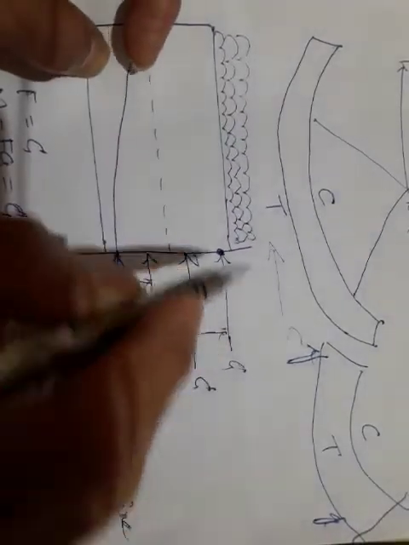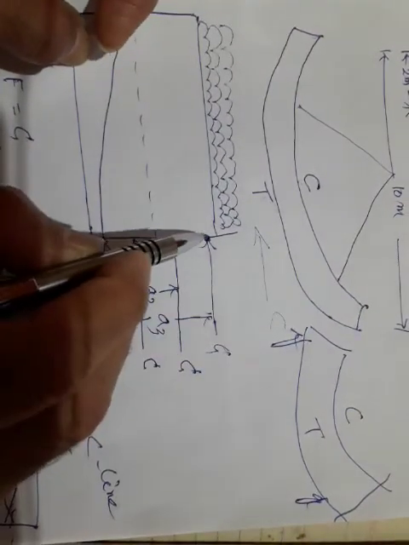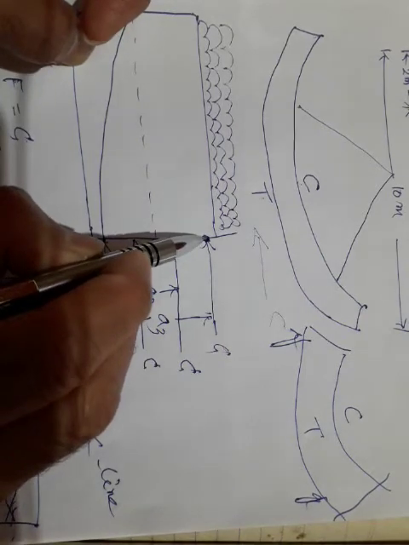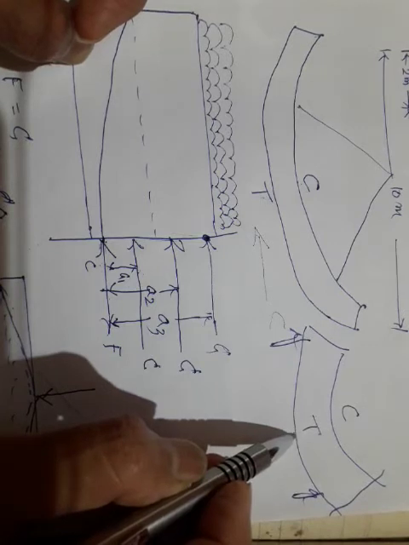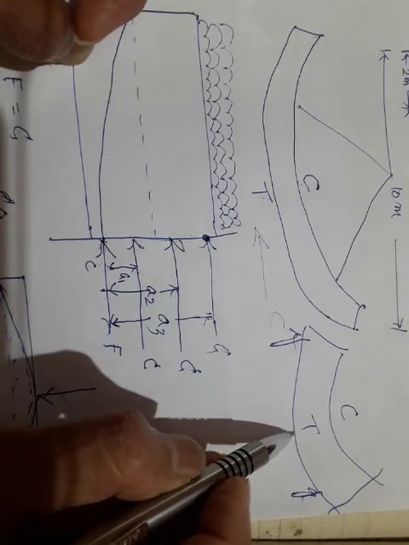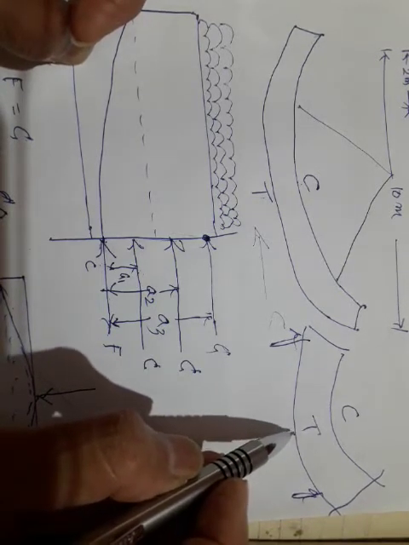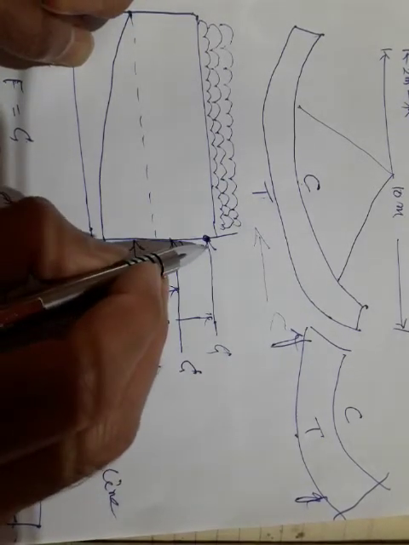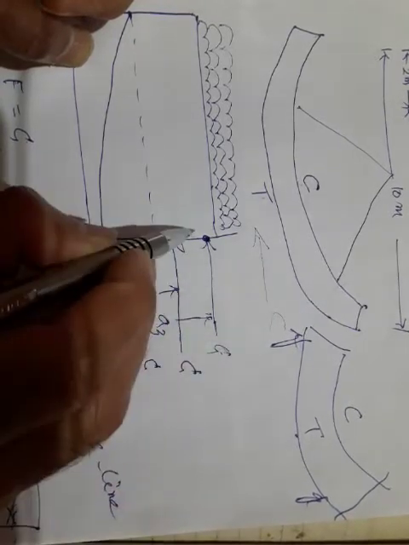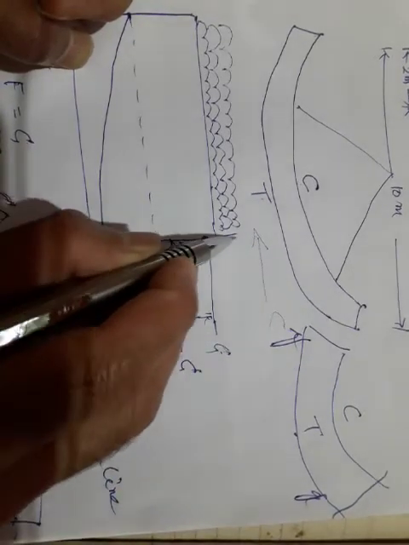But when this C force acts here, the tensile stress in the concrete may exceed the allowable tensile stress. So I should not allow this C force to act beyond this point.